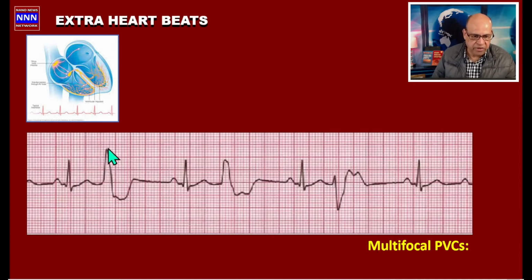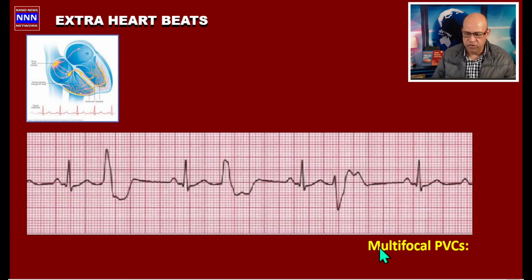Here we have a PVC going in the direction of the QRS complex, and we have a different morphology QRS complex, and none of these are preceded by P waves. And here's another one which is a totally different morphology with probably a retrograde P wave, that is the ventricular complex activating the atria after the ventricles are depolarized.